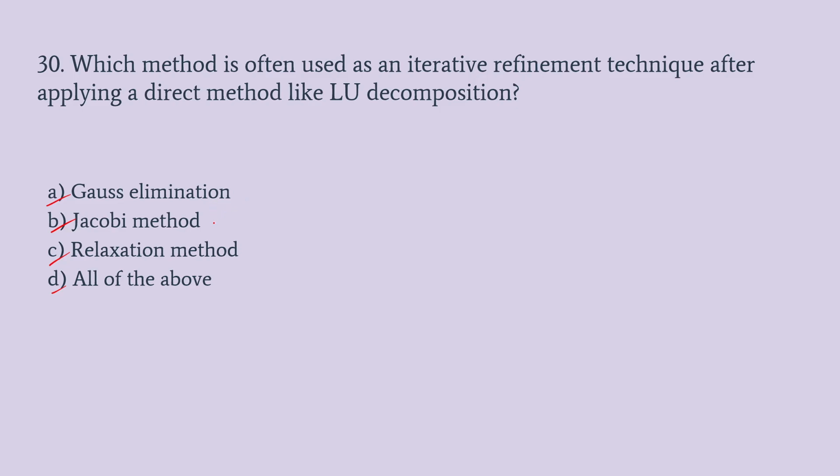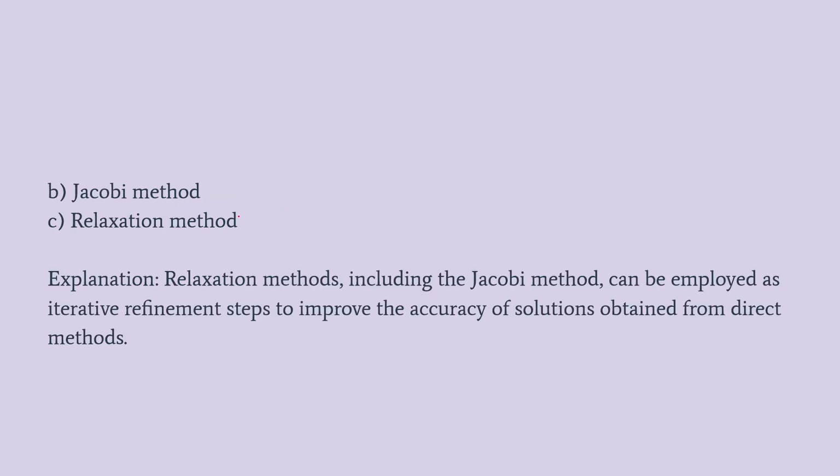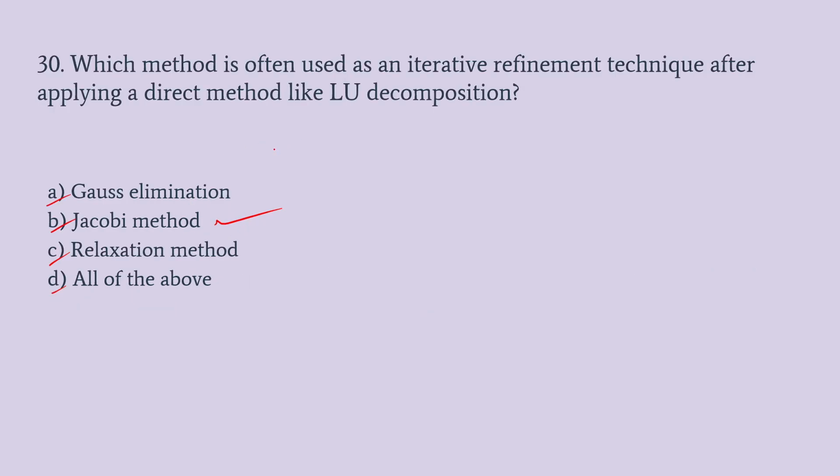Yes, Jacobi is an answer, but this is a tricky question. Actually, both B and C are answers. Like I already explained in the previous question, the relaxation method is also an iterative method. So both Jacobi method and relaxation method can be used as iterative refinement techniques, whereas Gauss elimination is a kind of direct method.